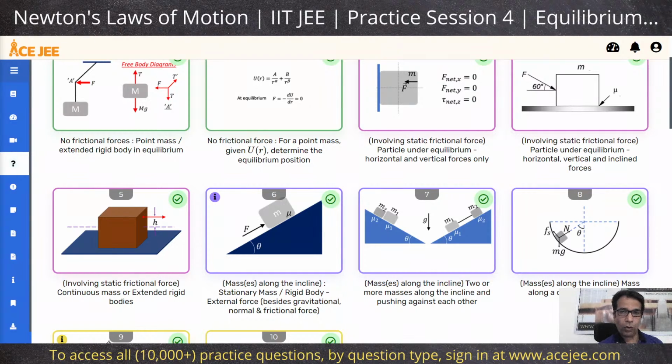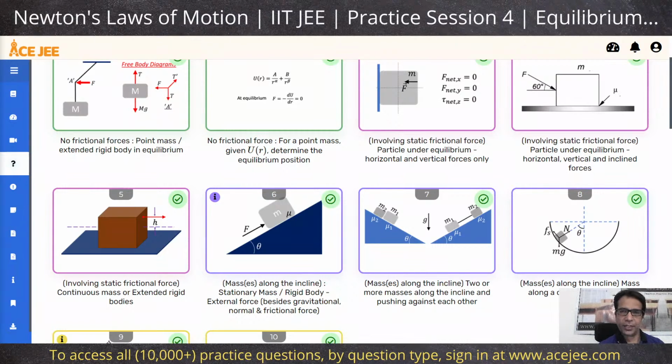Number 5 involves a 3-dimensional body like a cubical block or something whose dimensions are significant enough, and it is subjected to some frictional force as well. So you have to apply sum of the forces to be 0, that is summation Fx equals 0, summation Fy equals 0, summation tau z equals 0.